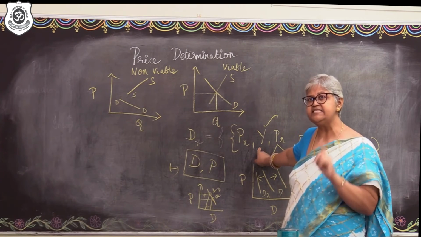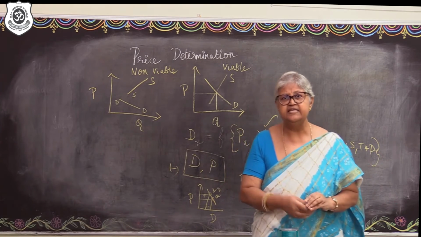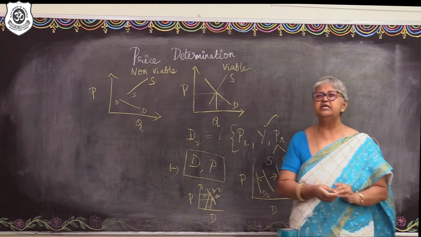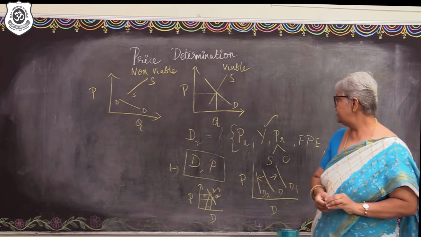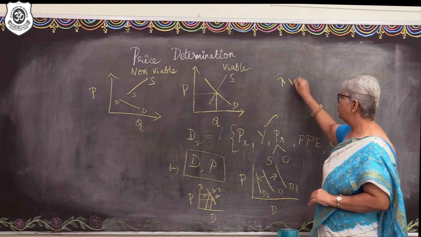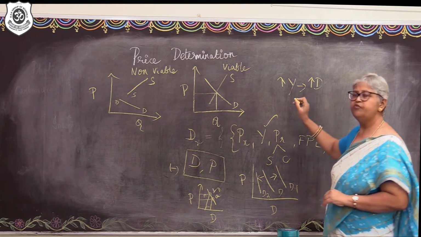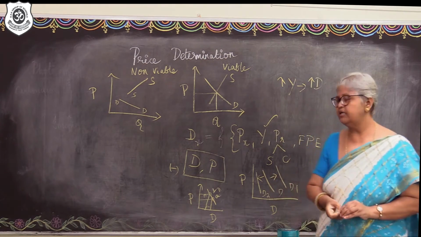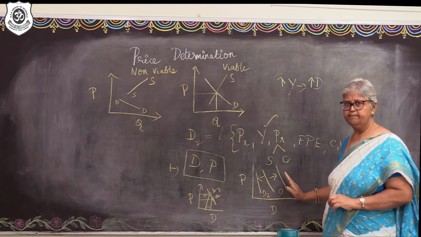When price remains the same and the income of the consumer increases, the purchasing power increases, thereby the consumer will be able to buy more. So, an increase in the income will increase the demand for the commodity. So, there will be a rightward shift in the demand curve. From D, the demand curve will shift to D1.